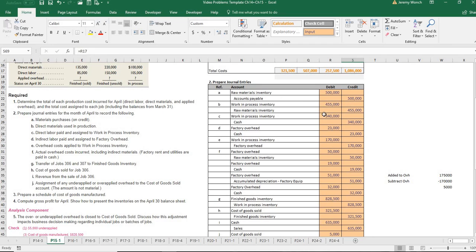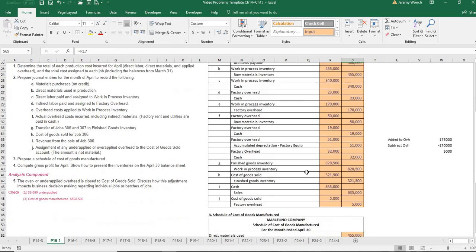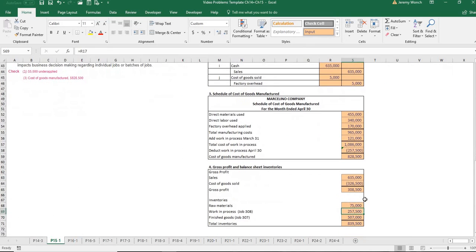So we add in the 500, we subtract out the 455, subtract out the 50, and that should give us our 75,000.